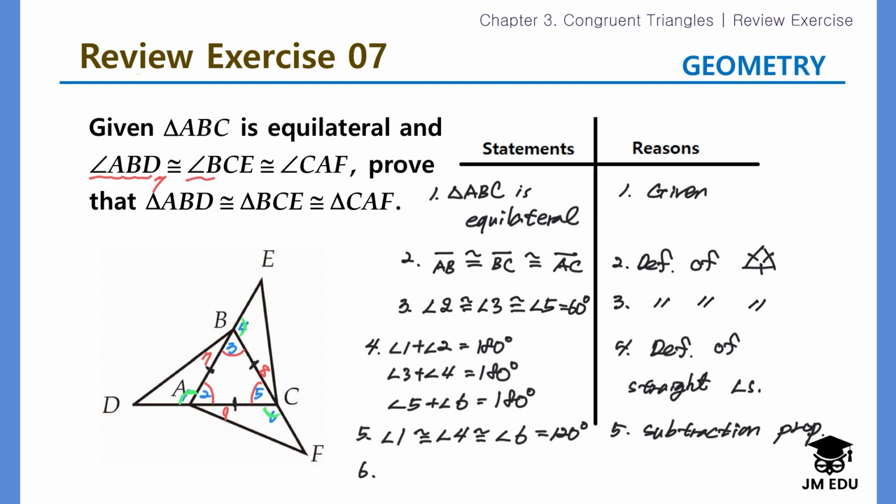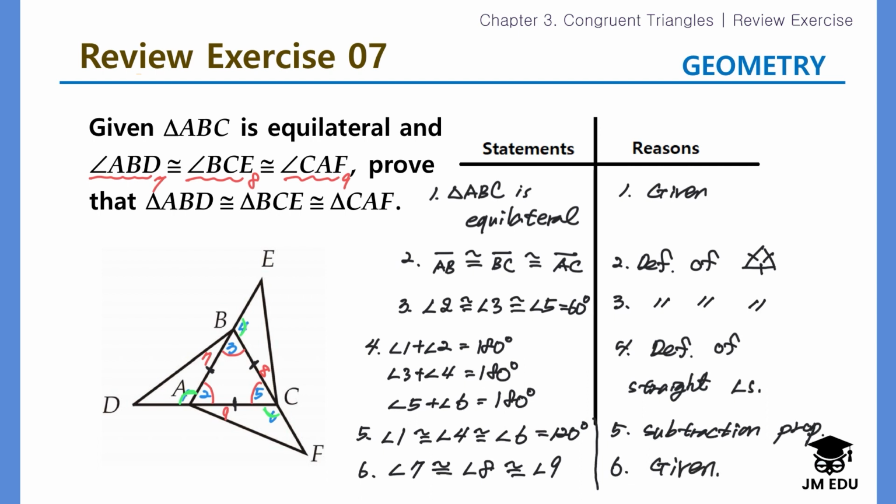BCE, that's number 8 angle. CAF, that's number 9 angle. All these 3 angles are congruent. It's given, right? So angle 7 is congruent to angle 8 is congruent to angle 9. This is given. So 6, that's given, right?